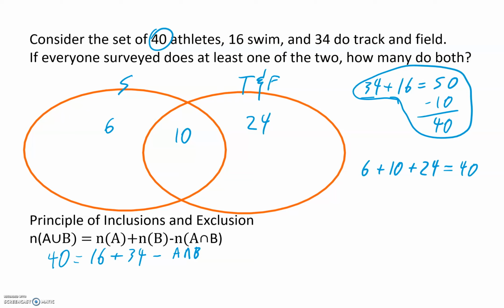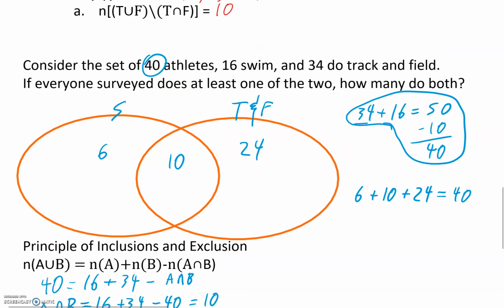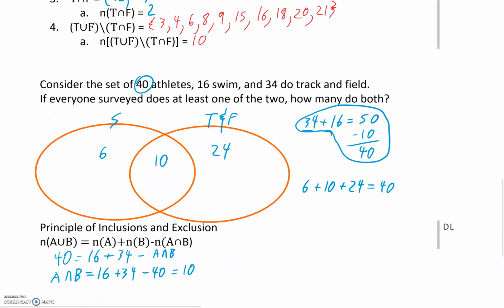So that would mean we could do opposite operators to move that across to the other side, and opposite operators to subtract by the 40, and that's how you get the 10. So this would be our principle of inclusion and exclusion, using the formula method to get the same answer of 10.